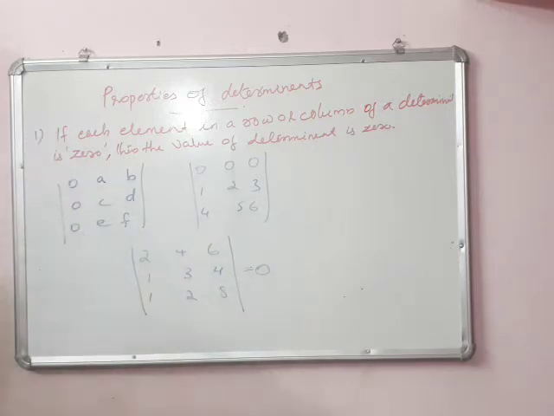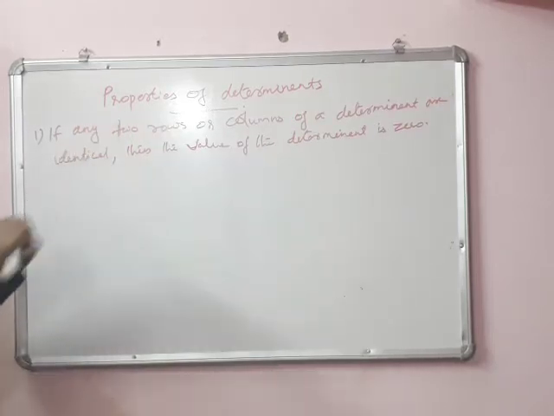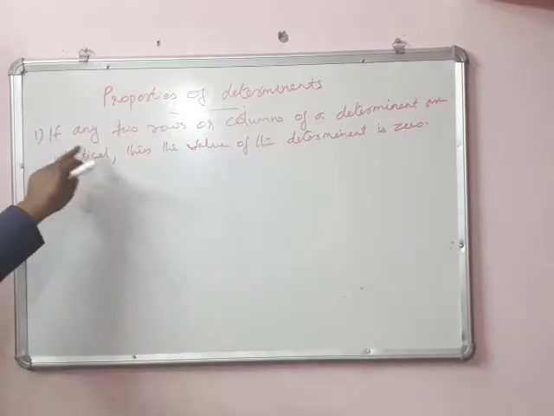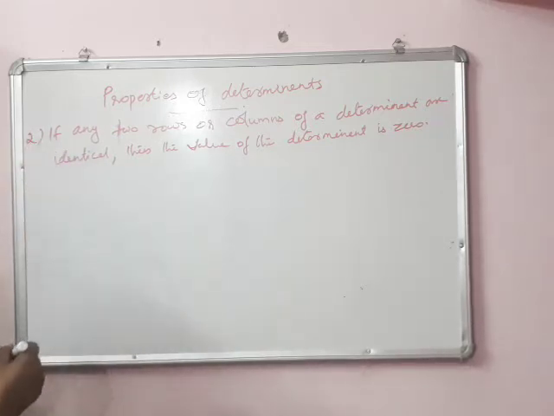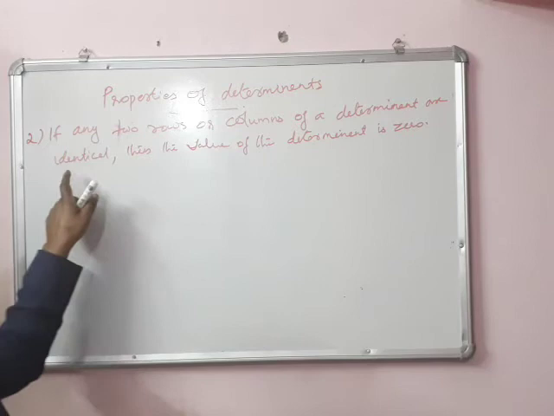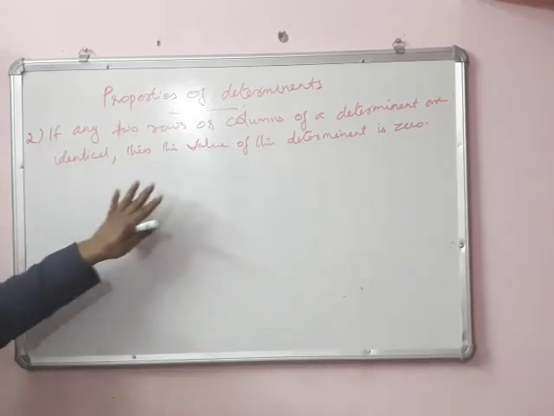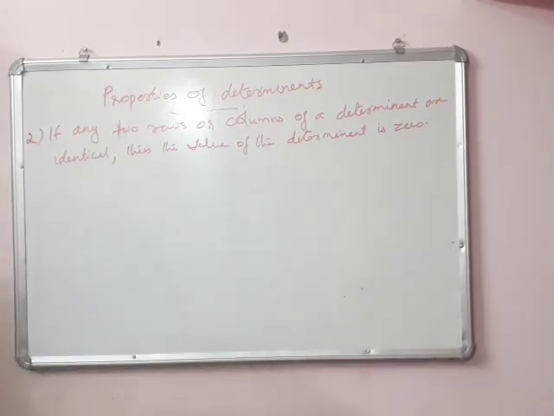Then second property. If any two rows or columns of a determinant are identical, then the value of the determinant is also 0.